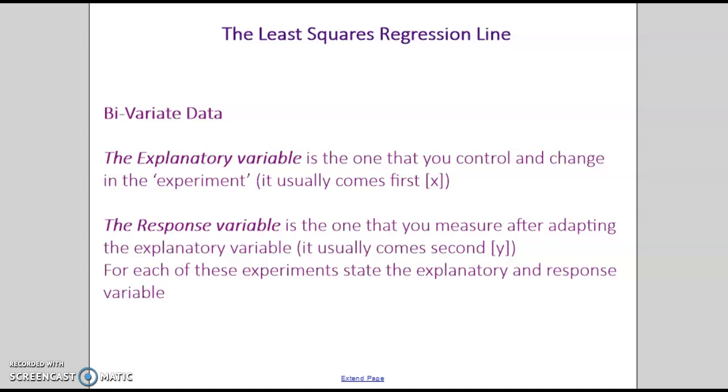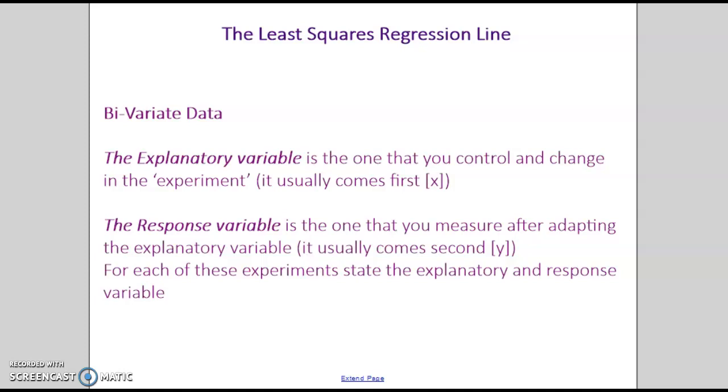It's the one that goes on the x-axis. So the response variable is the one that you measure after you've manipulated, you've adapted, you've changed your explanatory variable. So it's the one where after you've done something, you see what happens. It usually comes second on the table, so at the bottom row or the right-hand side, and it's plotted on the y-axis.